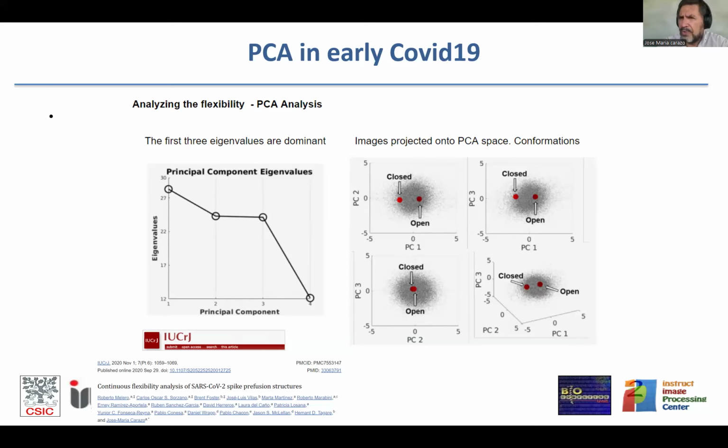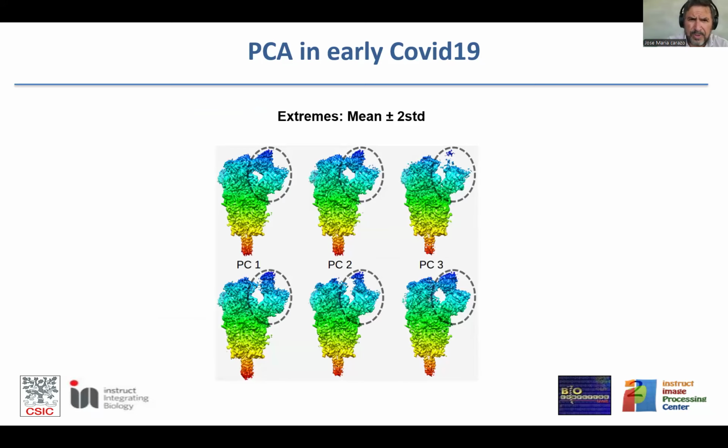We saw that there was more than closed and open, up and down, but to be quantitative was more difficult. In the streams of PCA, it was clear that it was a movement, and really it was concerted movements.